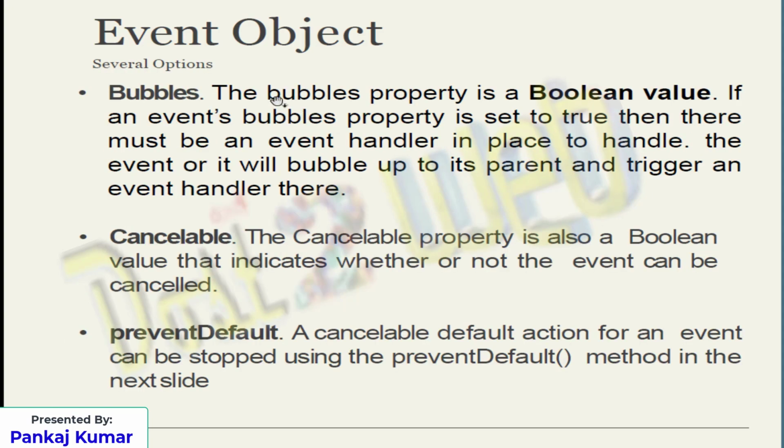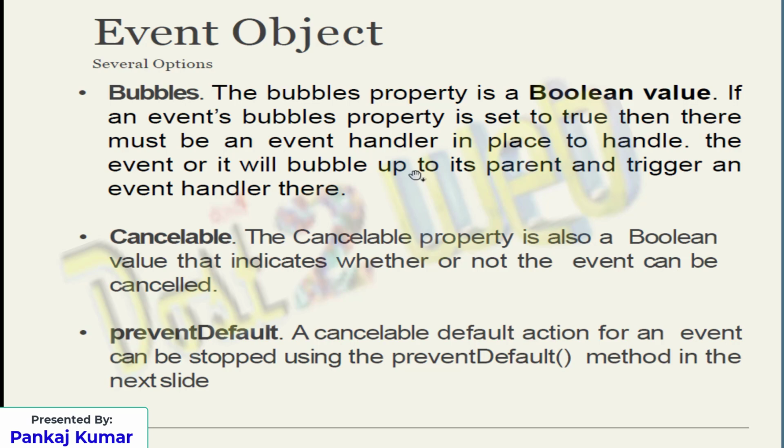You have several options in the event object, that is bubbles, then cancelable and preventDefault. What are bubbles? The bubbles property is a boolean value, and if the event's bubbles property is set to true, you know that, right? In a boolean value, if you set true, then what happens?